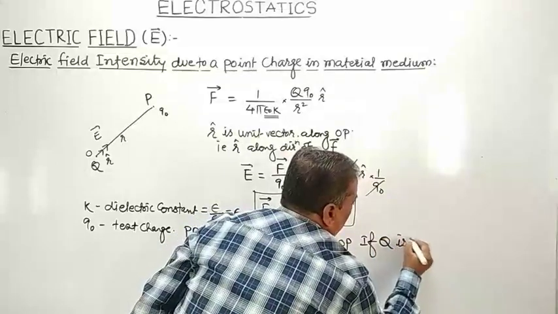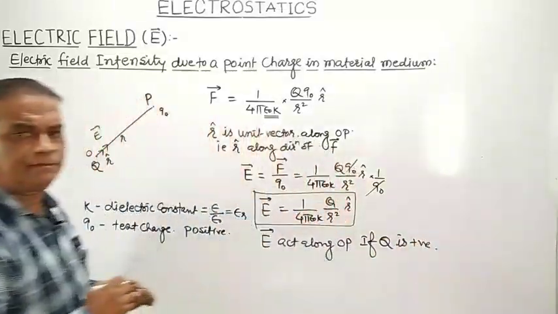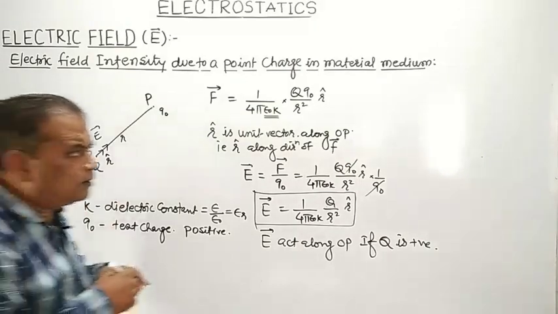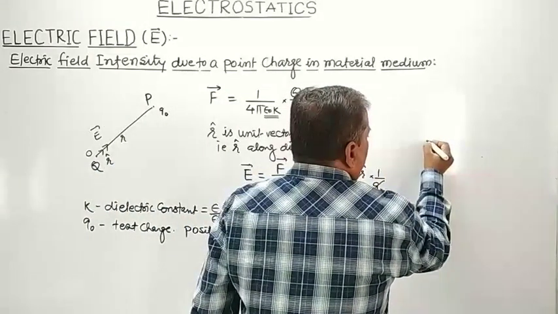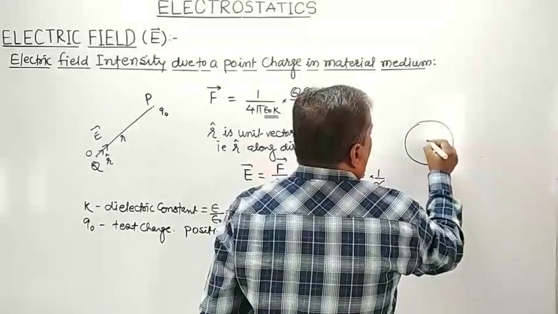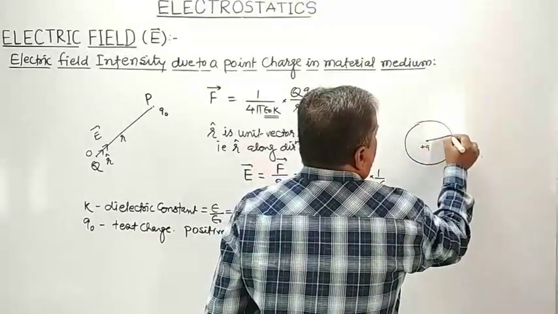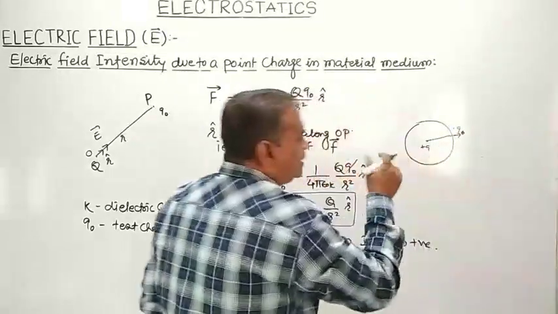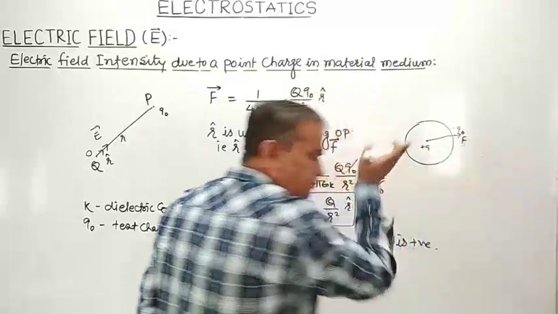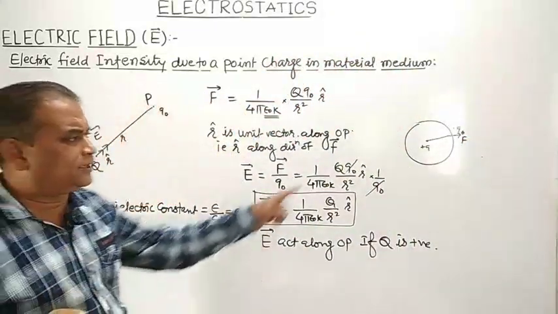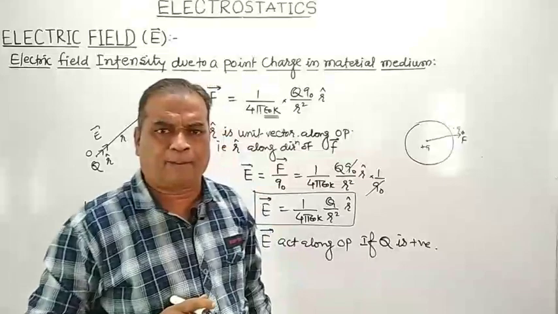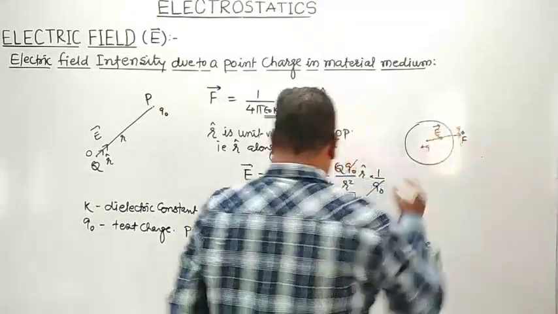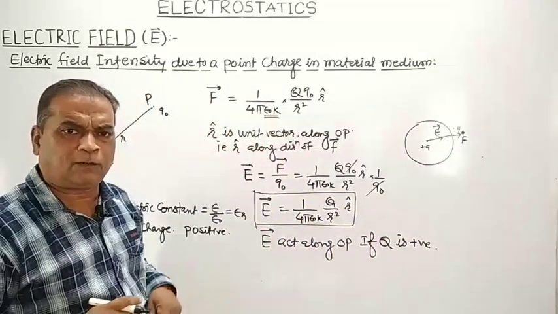that charge Q is positive, because if this charge is positive, we know the force exerted by a positive charge on a test positive charge, that test positive charge will experience a Coulomb force, which will act away because it will exert a force of repulsion. It means the direction of electric intensity is also the same, because E equal to F by Q0.